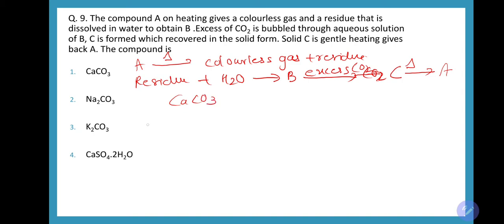How does the reaction take place? When calcium carbonate is heated, it decomposes into a colorless gas, that is carbon dioxide, plus calcium oxide.